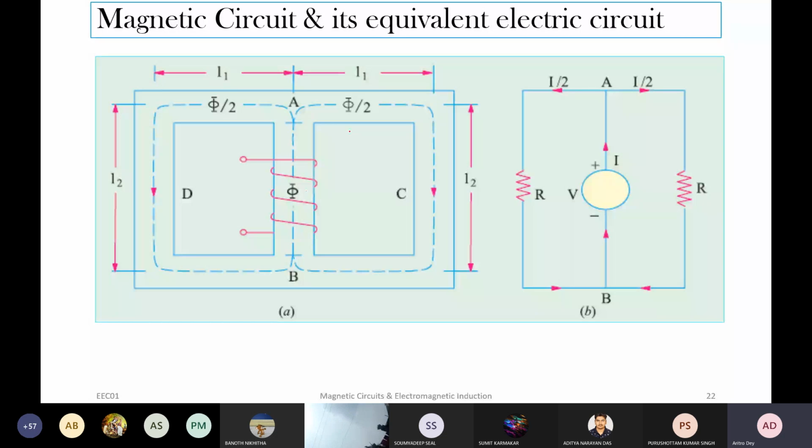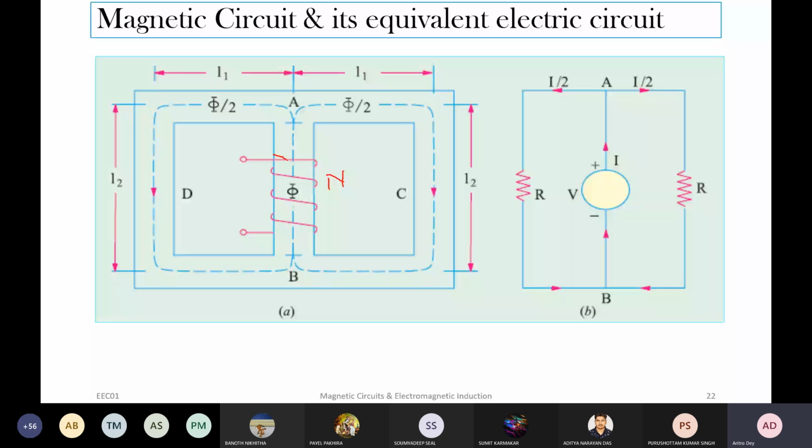If you have a magnetic circuit like this, how can you analyze it? Say you have a coil of n turns and a current I flowing through it. This is your mmf.